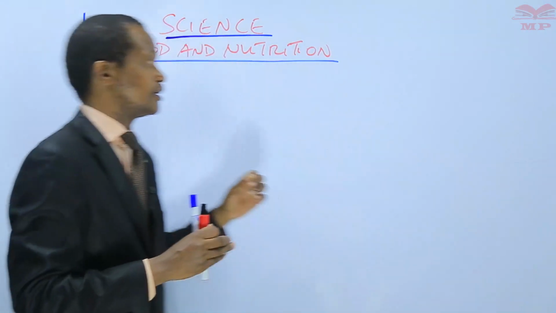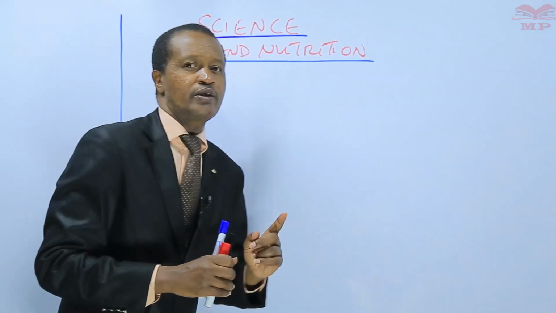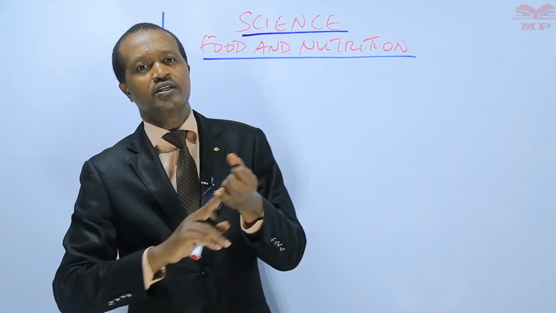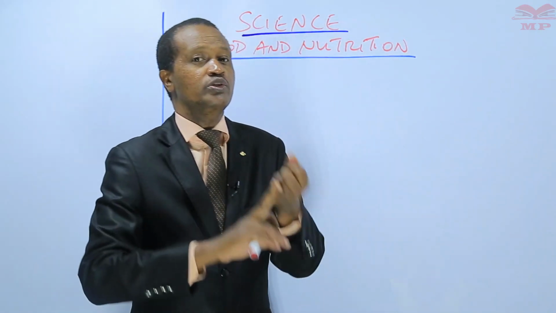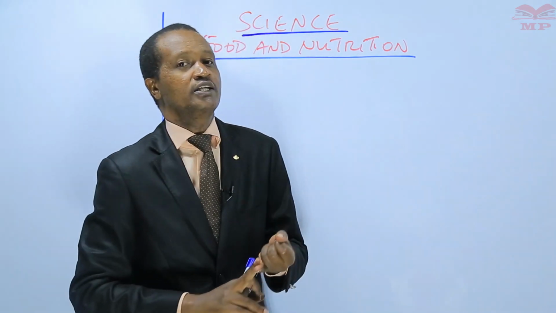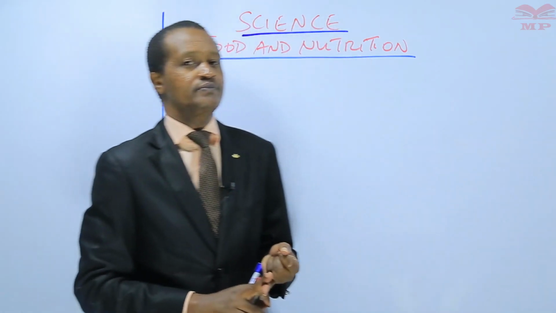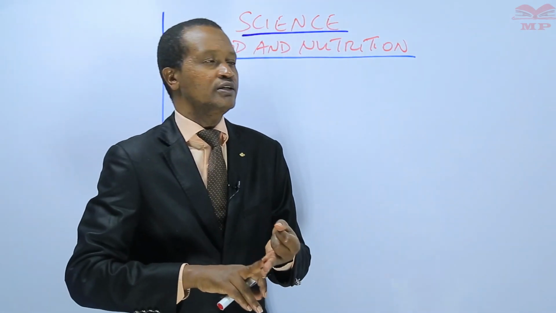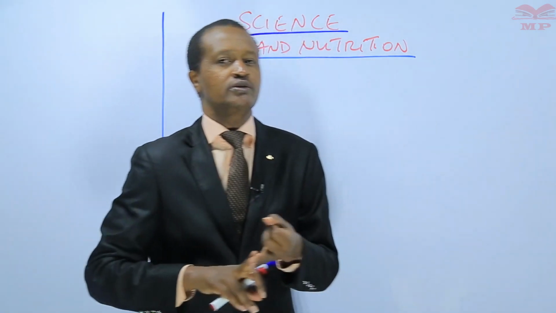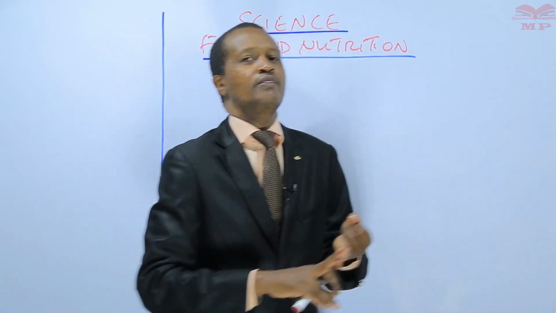In this topic, Standard 6 learners, food and nutrition, we are going to learn 5 things. Number 1, we will define food preservation. Then we will give reasons why it's important to preserve food.